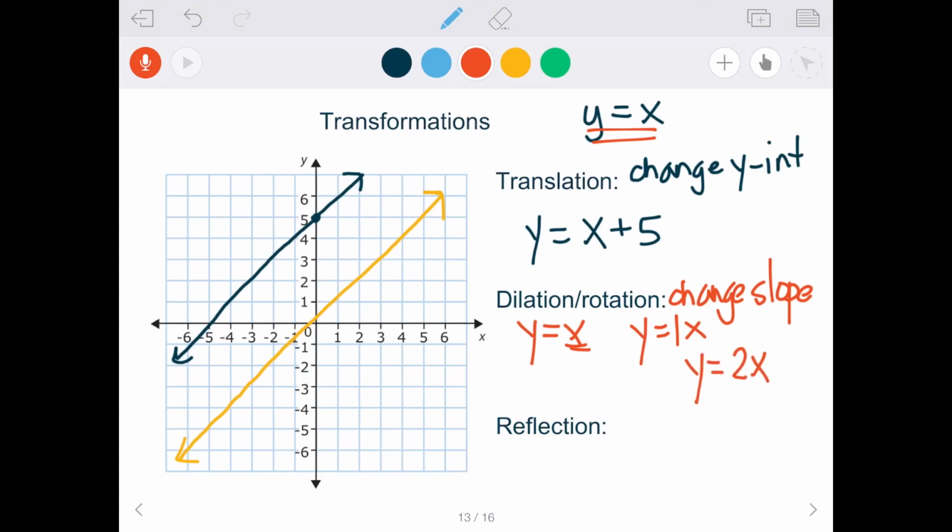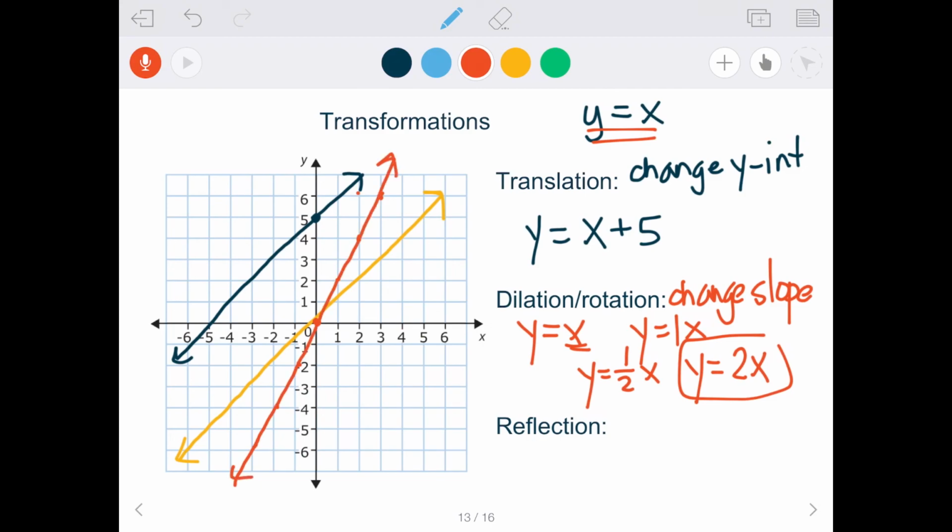If I wanted to make it shallower, I would make a slope that's lower. All right, let's go with 2x. I'm still going to be going through the origin because I didn't have a y-intercept, but now if I go up 2 and over 1, up 2 and over 1, up 2 and over 1, you can see that I have changed the steepness of my line.